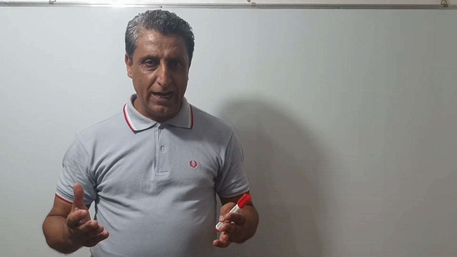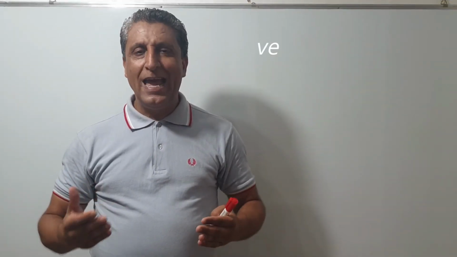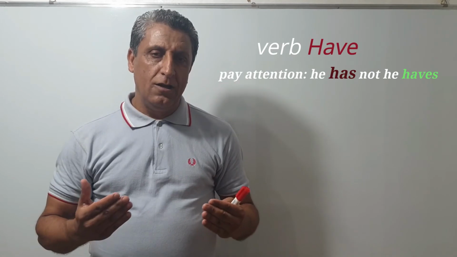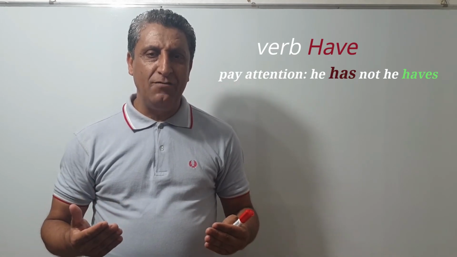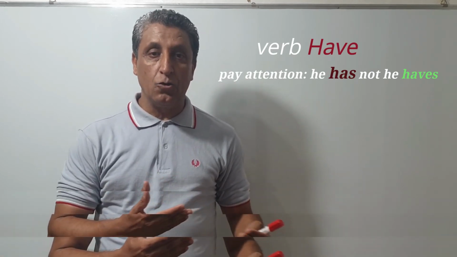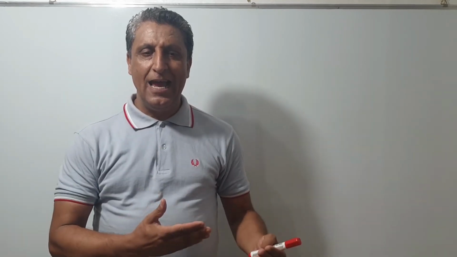Now let's talk about irregular verbs. Why do we call them irregular? Because when we conjugate them in the present simple, they change morphologically speaking. Example, have. The present simple form of the verb have is he has, she has, it has.